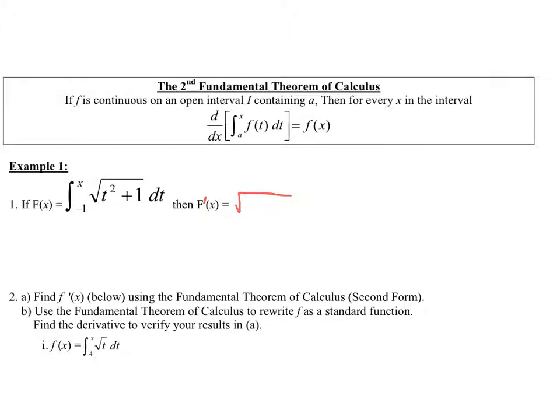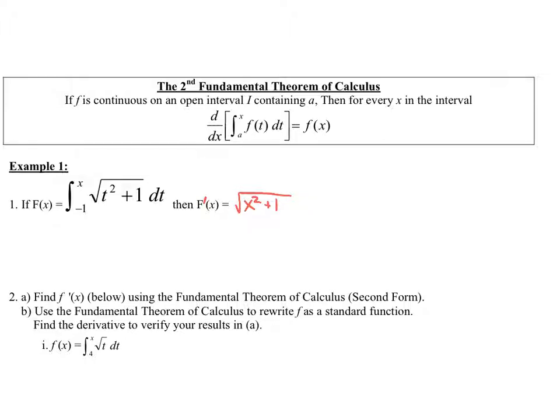It's f prime of x, so it should have x's in it. So is it the square root of x squared plus 1? That's right. You take the integrand and replace t with x.